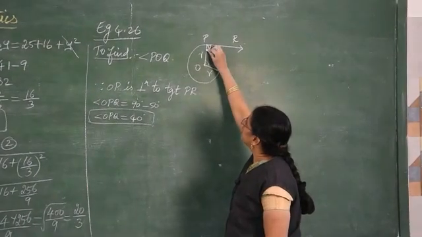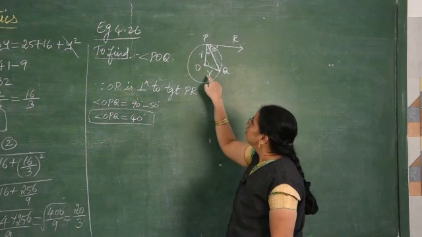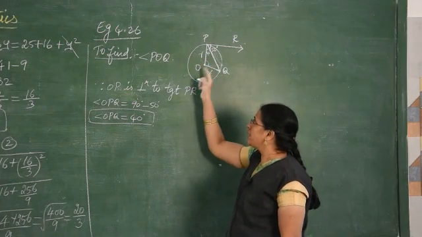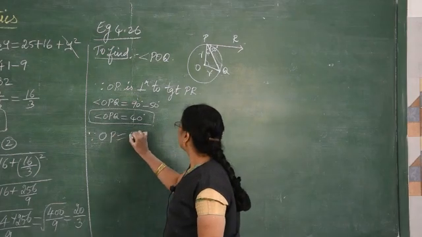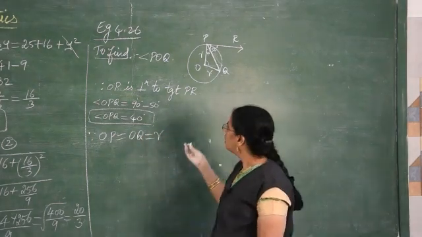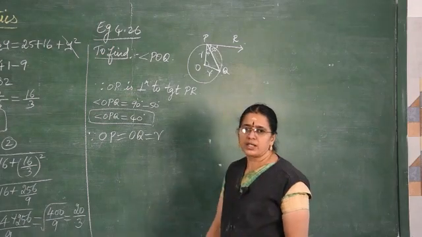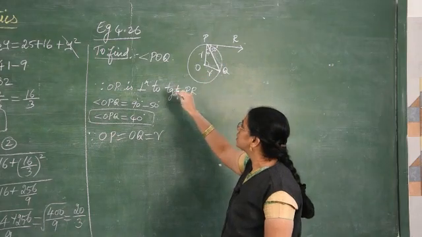Here the remaining 40 degree you are getting. Okay. And since OP equal to OQ equal to the radius, it is an isosceles triangle. Why? And what about the angles?